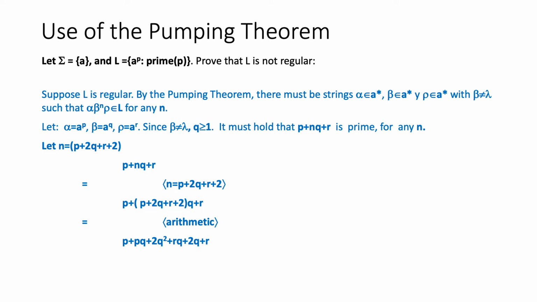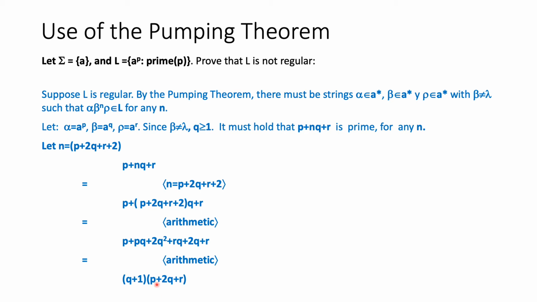Now I'm going to divide that into two factors, which is q plus 1 times p plus 2q plus r. Notice that these two values, if q is greater than or equal to 1, if q is greater than 0, it means that q plus 1 is greater than or equal to 2. 2q would be greater than or equal to 2 as well. That means this number is greater than or equal to 2.